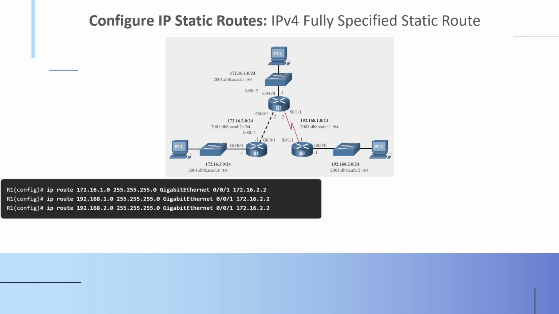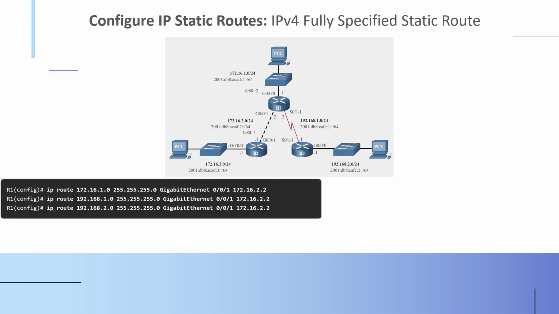We can forward the packets to reach this destination at router 1 through the interface GigabitEthernet 0/0/1, and the next-hop router is the router that has the IP address 172.16.2.2, which is the IP address of router 2, the next-hop router through the interface Gig 0/0/1.